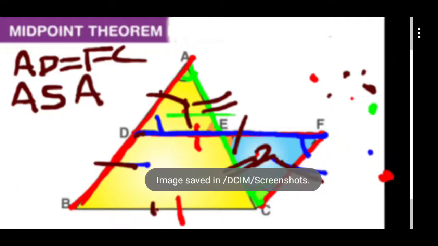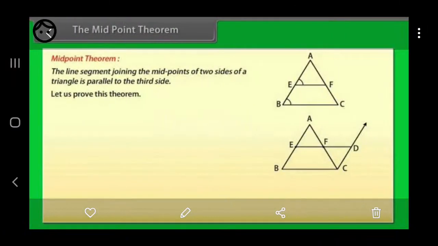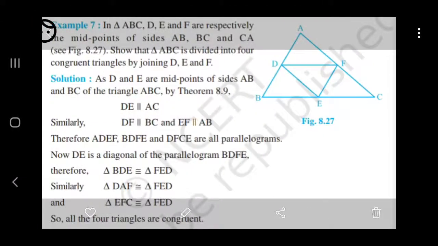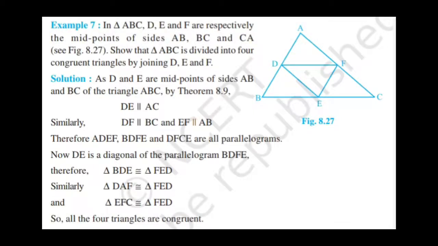Next we have to study some problems based on these theorems. So, a simple one. Okay, dear children. In triangle ABC, D, E and F are respectively the midpoints of sides AB, BC and CA. Okay, D is the midpoint of AB.